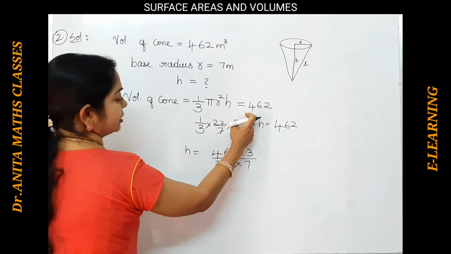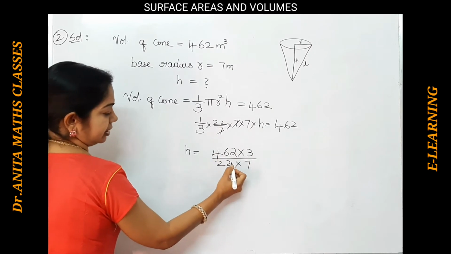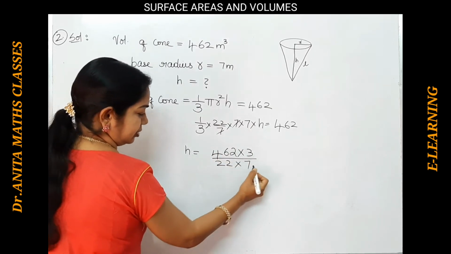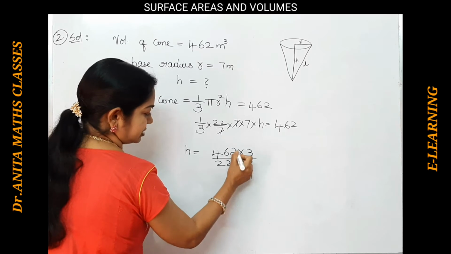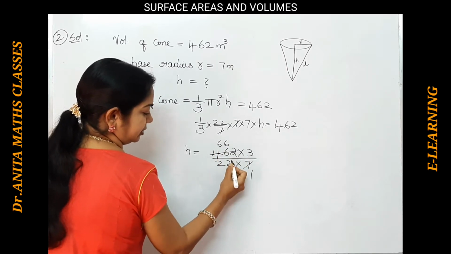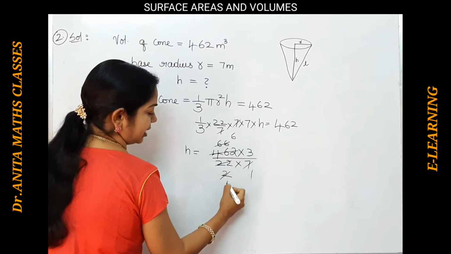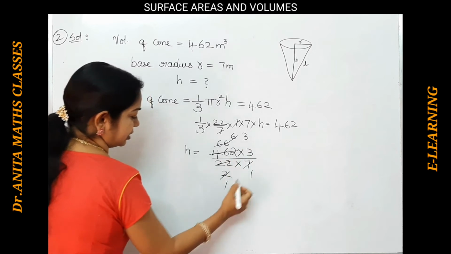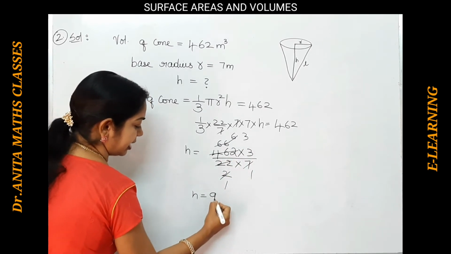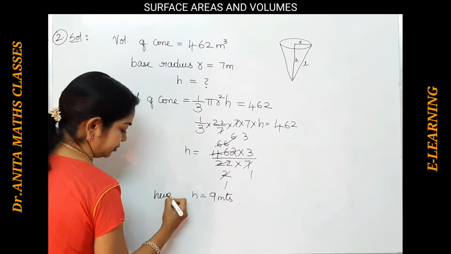I have shifted 22 and 7 down and 3 up. Using the 11 table or the 7 table: 7 6 is 42, again 42, 7 6. 11 twice is 22, 11 6 times. Again 2 ones, 2 thrice. So clearly h is equal to 9 meters. The height of the cone is 9 meters.